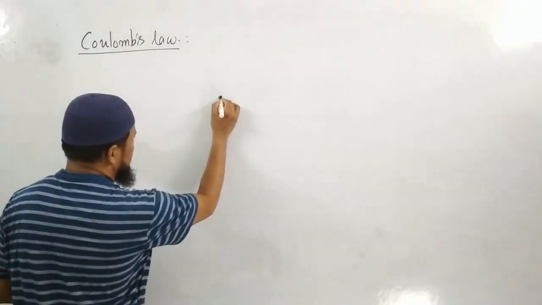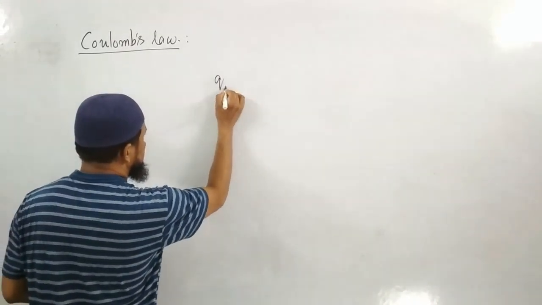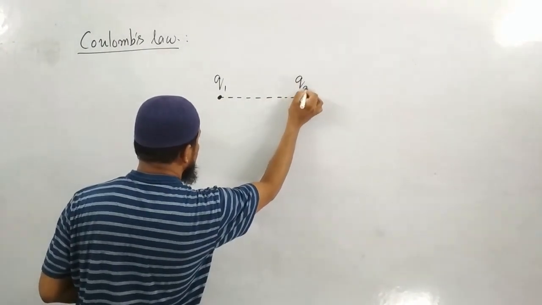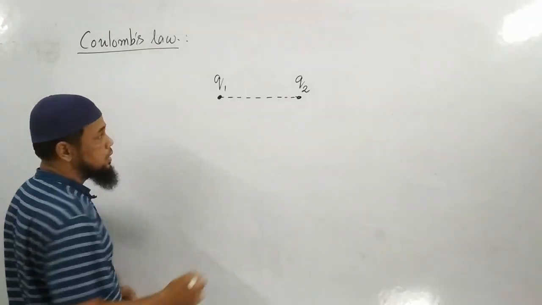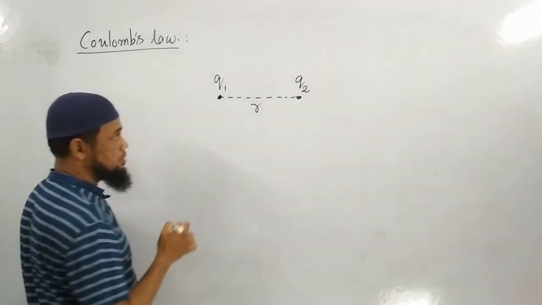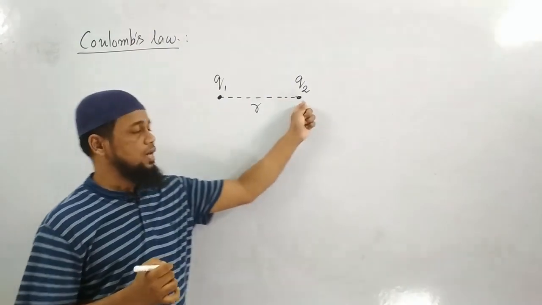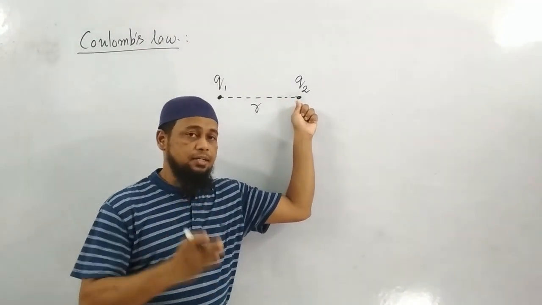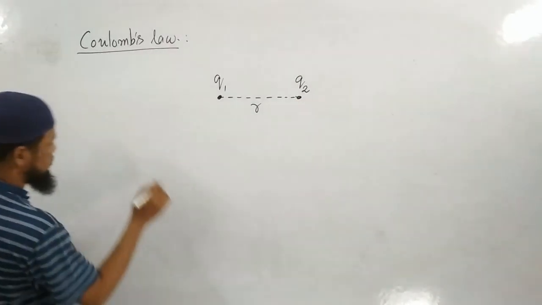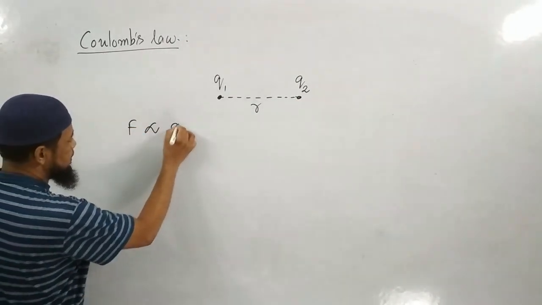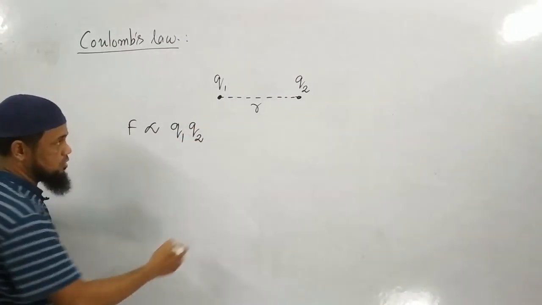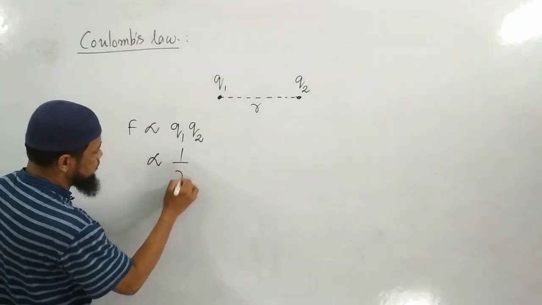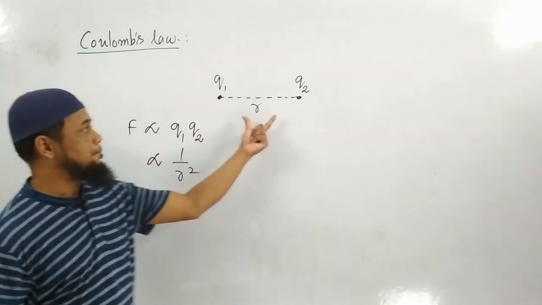What Coulomb said is, if we consider two point charges separated by a distance r, then these two charges will exert a force on each other, and the magnitude of that force will be directly proportional to the product of the charges and inversely proportional to the square of the separation between them.